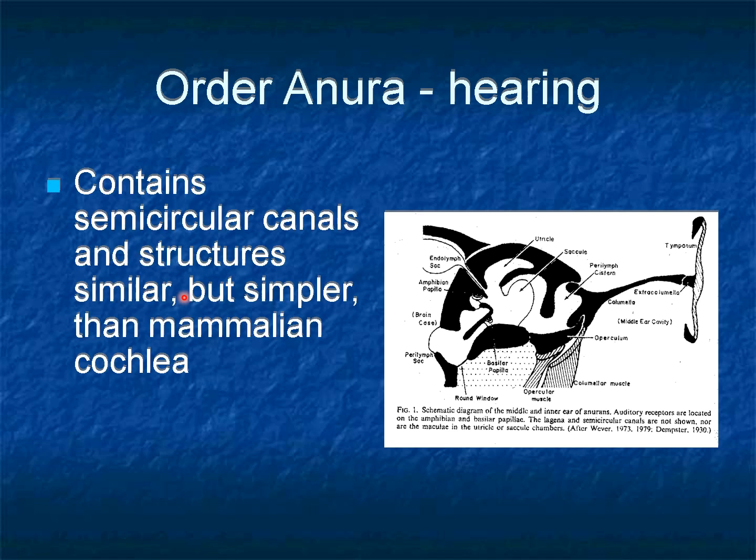Moreover, the frog ear contains semicircular canals and structures similar to the complex mammalian cochlea. But remember, these structures are present in simple form. And here is the diagram of the frog ear. This is the tympanic membrane, this is the middle ear, and this is the portion of the inner ear.